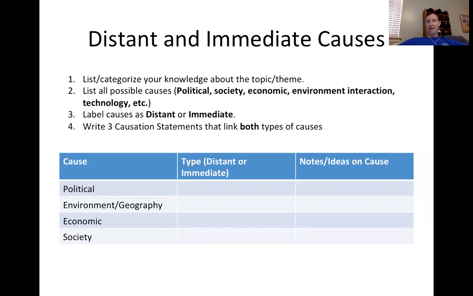Environment and geography, economic, and also society. That could be social structure. The list goes on and on. What you want to do is pause your screen again, take a moment to maybe fill out this chart using the same prompt as the previous slide.